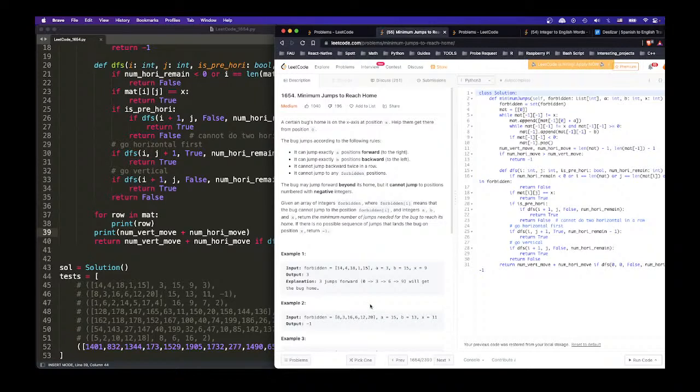Because we were starting from the end, right? And I mean, we can start from the front. It's also okay. Yeah, but the problem is, how do you know you cannot reach? Let's see the hint.